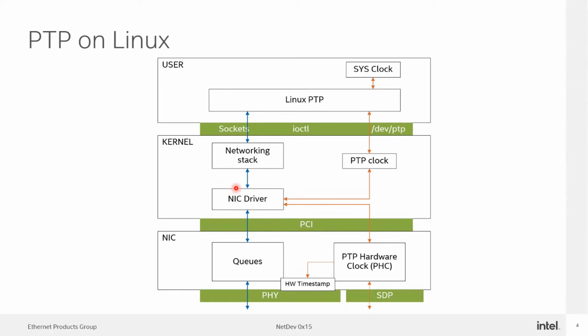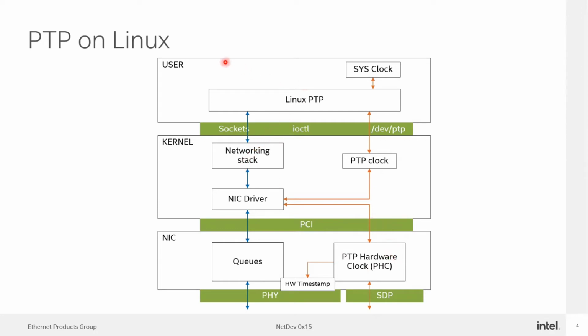And in the kernel of Linux, we run the NIC driver that is exposing the interface to the stack that is responsible for passing along the timestamps. And we also expose the separate PTP clock character device, which can be used to control the PHC that's inside our NIC.